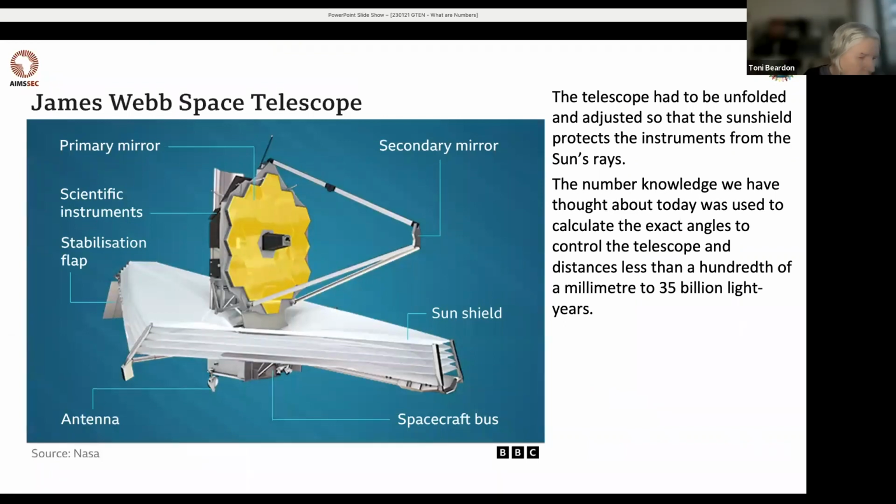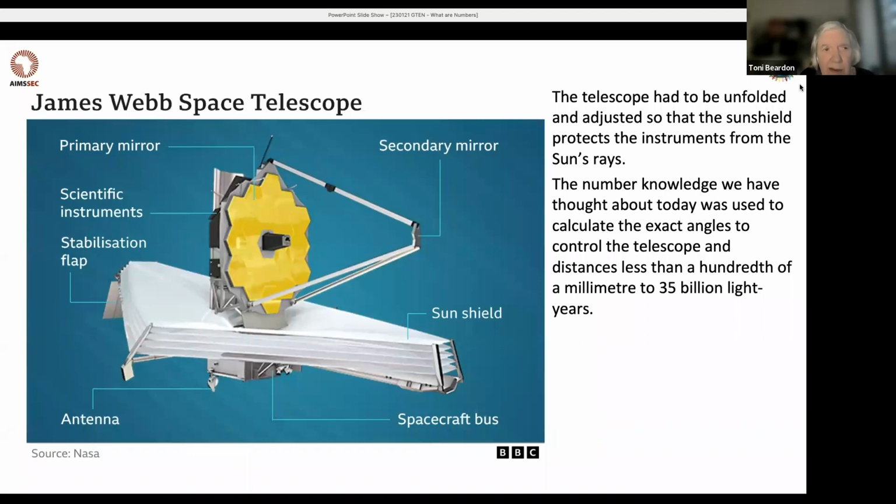Yes, that's right. Now here you see a diagram of it, so you see its various parts. You can see the heat shield again. You can see that the primary mirror there, which is yellow, consists of a lot of hexagonal mirrors, and they are all capable of moving independently.